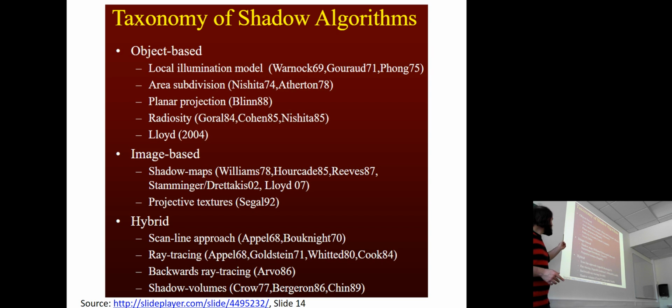Object-based ones, where you take the object, consider how it obscures the light and model that. Image-based, where you take the information of the entire scene. And the hybrid one, where you take some parts of both approaches.